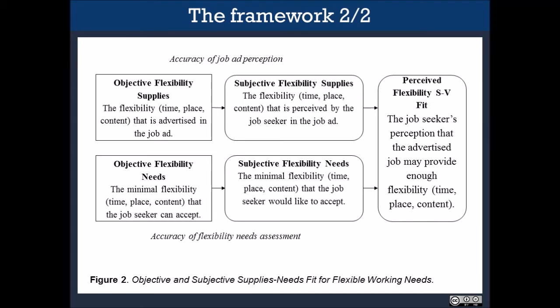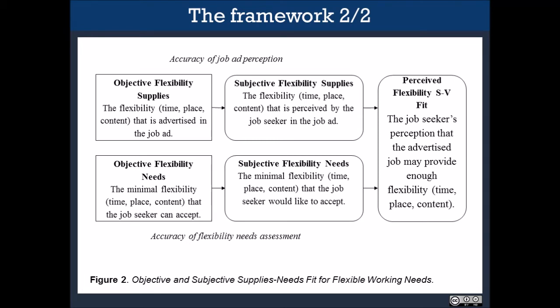And the subjective flexibility needs is the minimal flexibility that the job seeker would like to accept. Now, needs here in this project is a minimal state rather than an ideal state. Why? Because if I were to measure an ideal state, I would have job seekers wanting a lot of flexibility, perhaps even more than what they would be willing to accept.